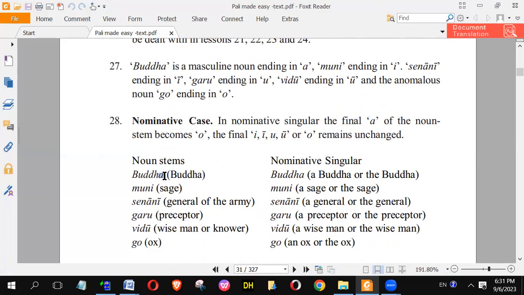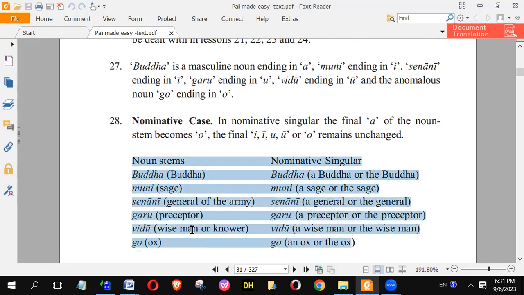Then there is an ending with I, final I. Long I, Senani, final long I. Short U or long U, and final O. So this is the one we saw here.